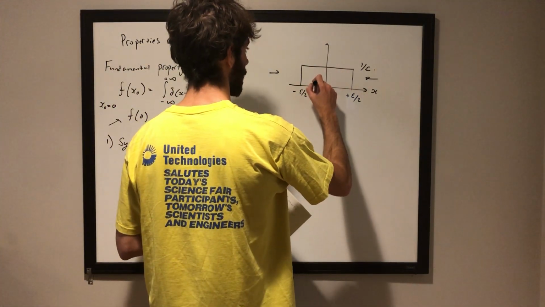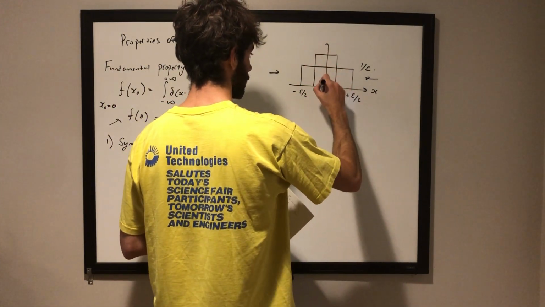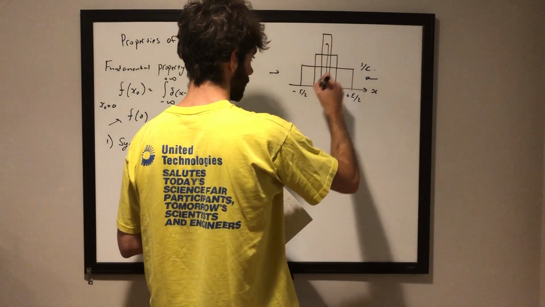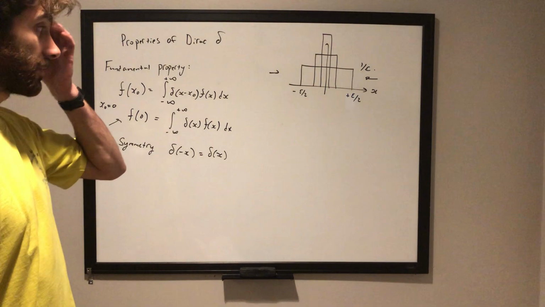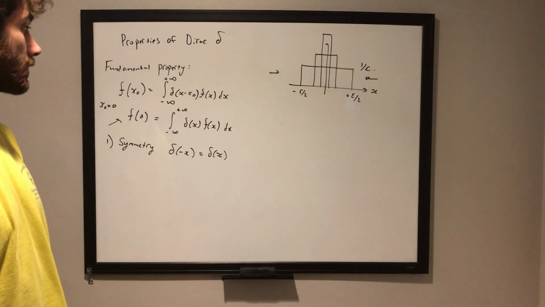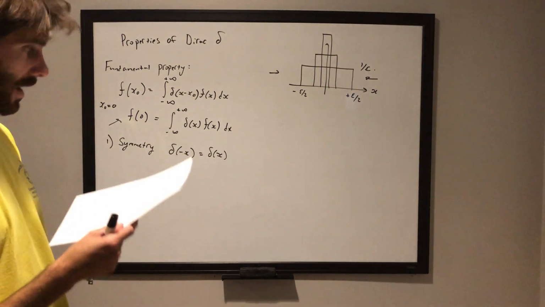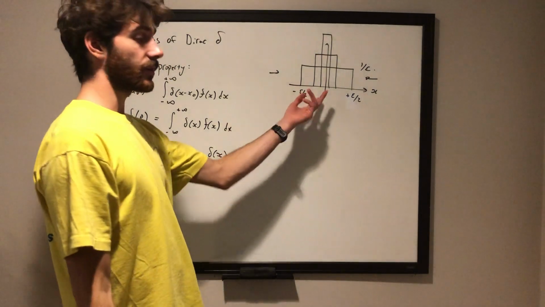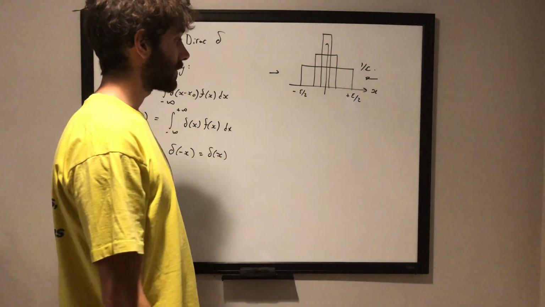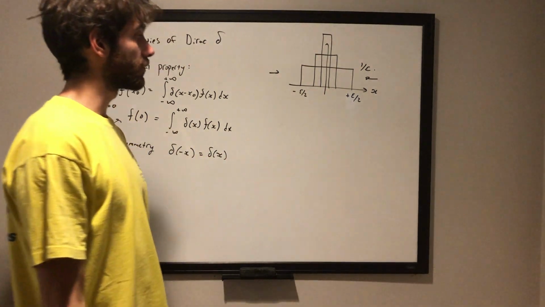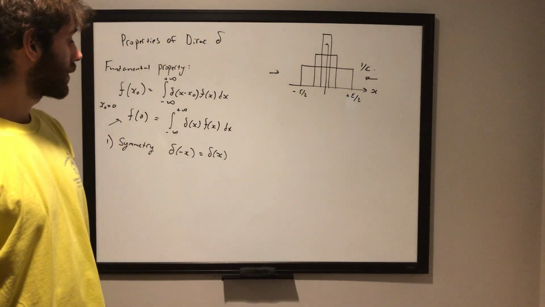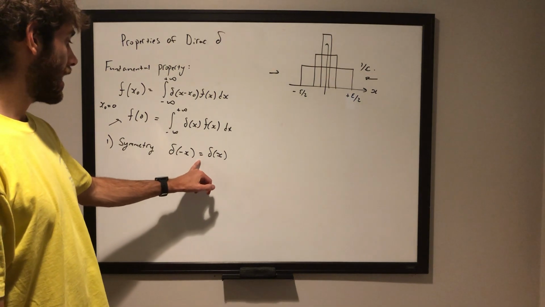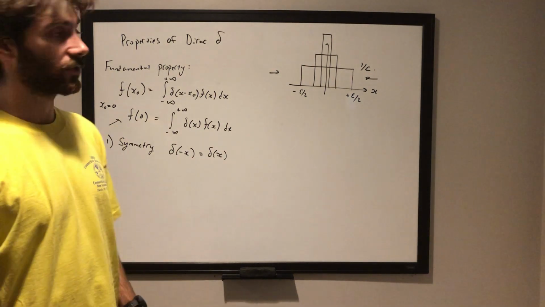So you can imagine this kind of limiting process in which at every step in the process the area under the curve is conserved. And essentially, because we started off with a symmetric function, there's no reason why in the limiting procedure we would violate that symmetry.